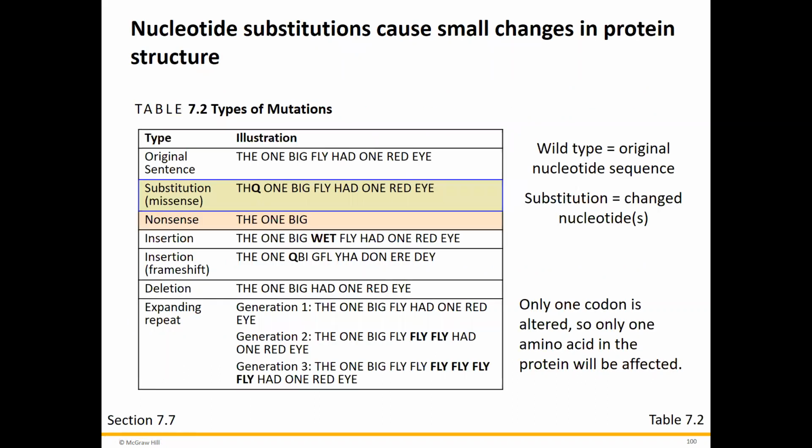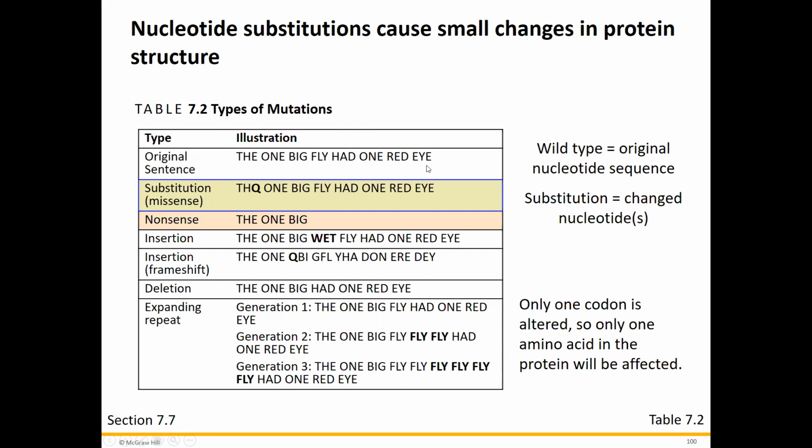So in your book, there is a table, 7.2, and it's got all these types of mutations. They use the analogy of codons being similar to words that we use in our sentences. And so they put the original sentence, if you will, that would be the original messenger RNA transcript: The one big fly had one red eye.